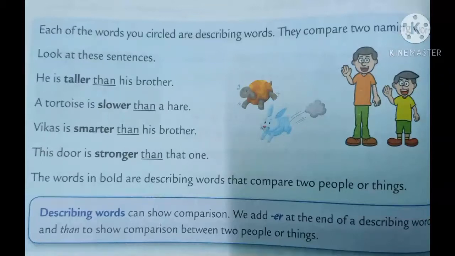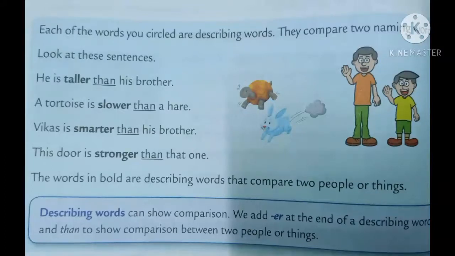Yes, this is what I told you. That describing words can show comparison also. Right? So, over here, all these words taller, slower, smarter, stronger. All these words are describing words. Okay? And they are comparing two people or things.